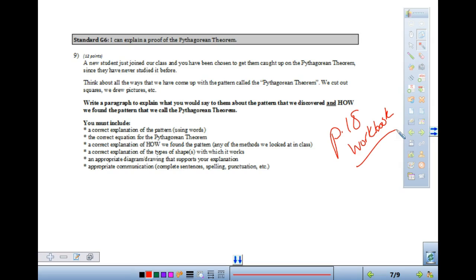Now, the paragraph can be as easy as that first day when we started this, what did we do with our squares? We had 2 squares on the legs, and we cut them apart, and they covered that hypotenuse square, right? That's all you were doing, right? That's one way of proving it. The other one we did on Friday of last week with those puzzle pieces, when we fit them in and showed that b squared plus a squared with the 4 triangles was equal to c squared plus the 4 triangles.